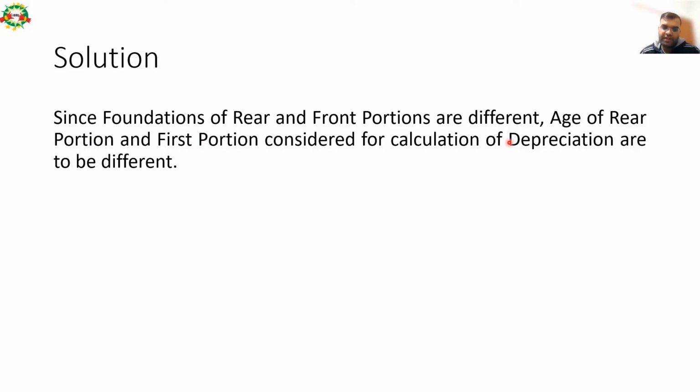In the previous case the foundation of the ground floor and first floor was common, and since the foundation was 16 years old, while doing the calculation for the first floor, which was having an actual age of 10 years, we had calculated depreciation considering the age of the foundation, not the age of the structure. So here, since both the front and rear parts are having different foundations, we will consider different ages for these two portions of the property for calculation of depreciation percentage.